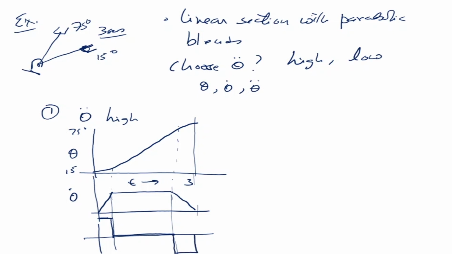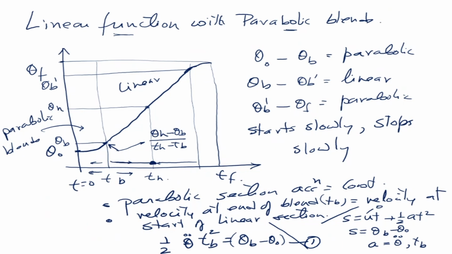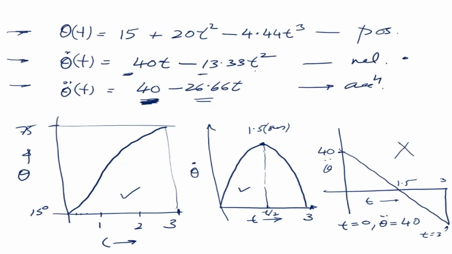If you compare these three graphs, position, velocity, and acceleration, with the previous position, velocity, and acceleration graphs, let's look at the previous graph. Look at the acceleration here, look at the velocity, and look at the profile of the position.